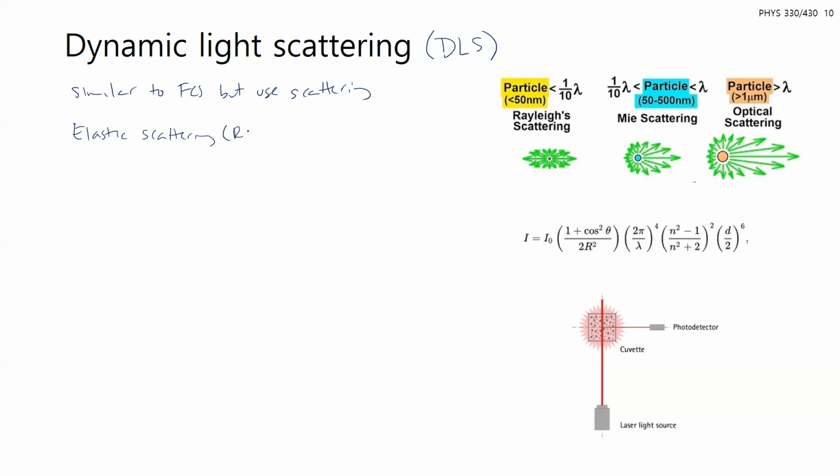It's also called Rayleigh scattering, since Lord Rayleigh defined it. And what elastic scattering arises from is the electric field of your light causing oscillations in the electron cloud of your molecule or your particle.